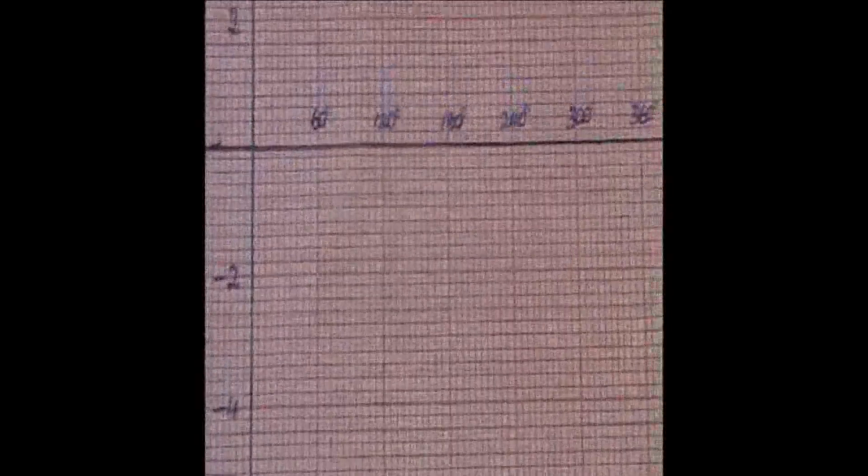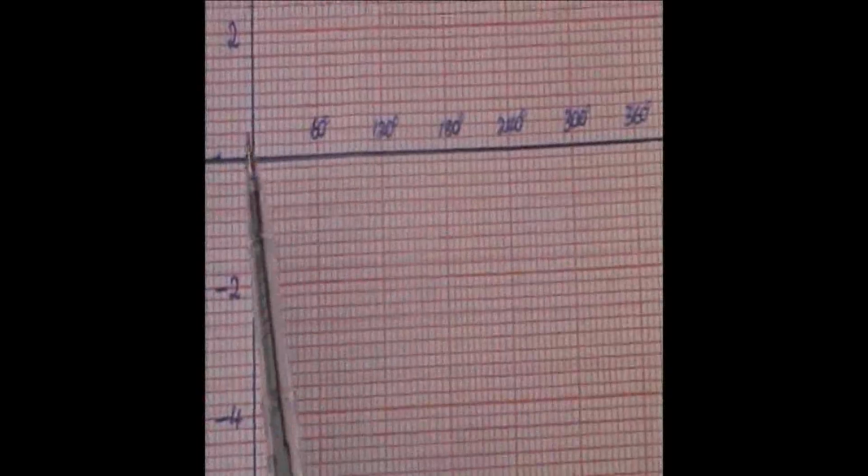That was why you have on the theta axis 2 cm, the distance from here, which is 0, to here is 2 cm, and each of the 2 cm is representing 60 degrees. That was why from here to here is 60.